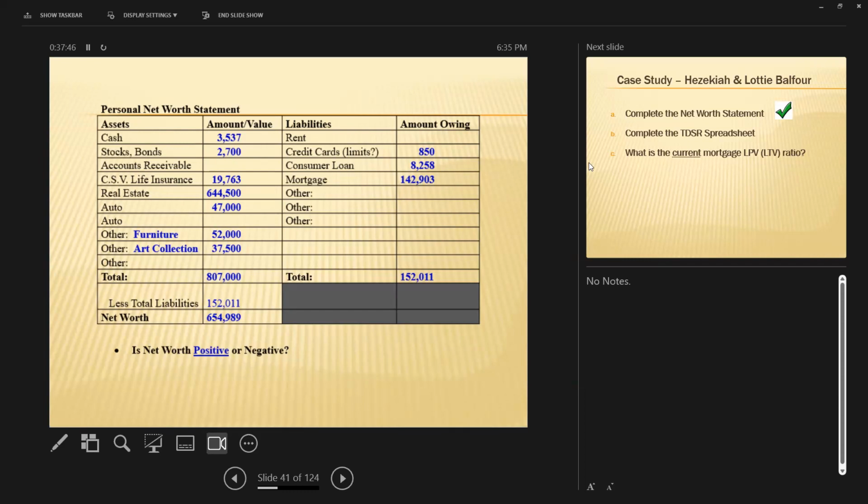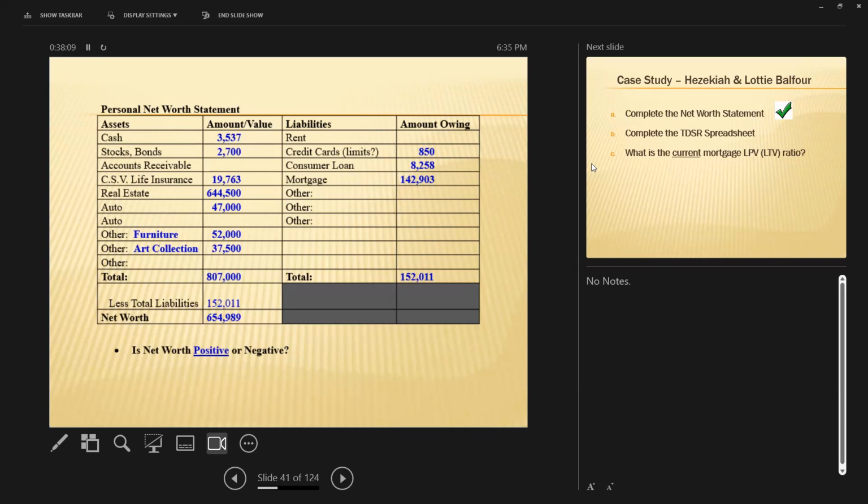The next thing we will look at for the Balfours would be the LPV. Oh, sorry, we need to go to the TDSR. I'm getting ahead of myself.